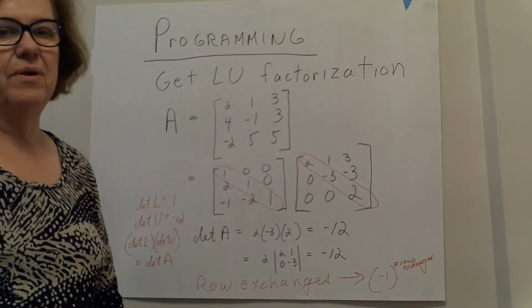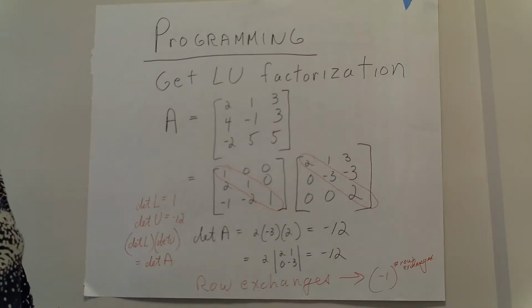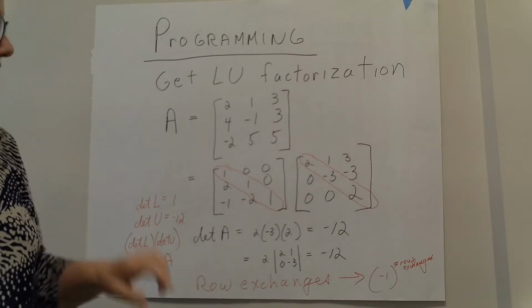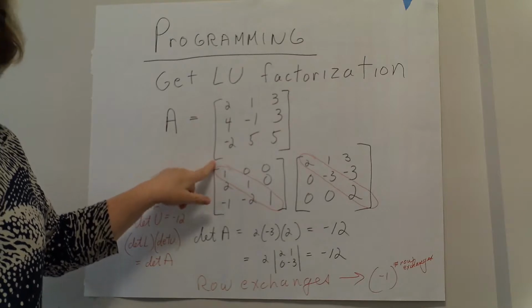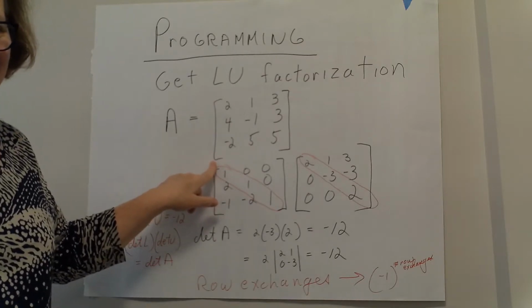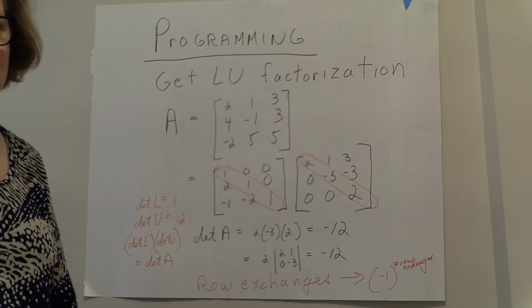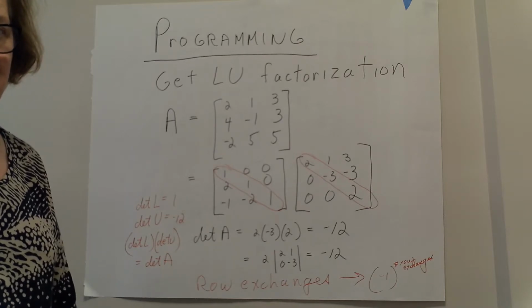Computers, you don't program it that way, it's too labor intensive. The way they program it, we have to go back to LU factorizations. So I highly recommend that you review LU factorization.